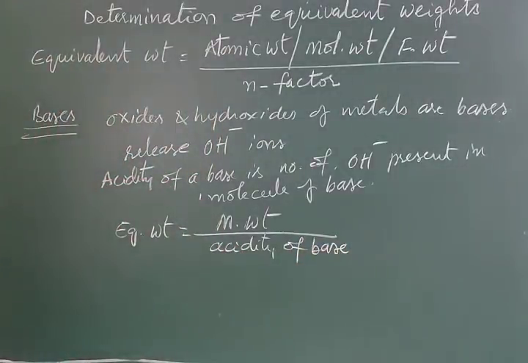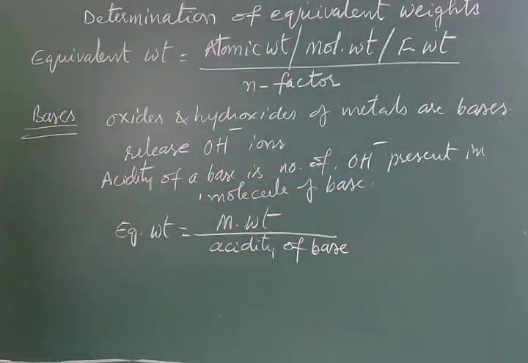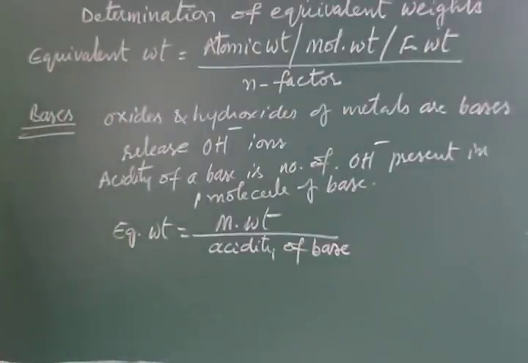What is meant by acidity of base? Number of hydroxyl ions present in one molecule of base is called acidity of base. In the case of acids, equivalent weight is equal to molecular weight by basicity of the acid, whereas in the case of bases, equivalent weight is equal to molecular weight by acidity of base.